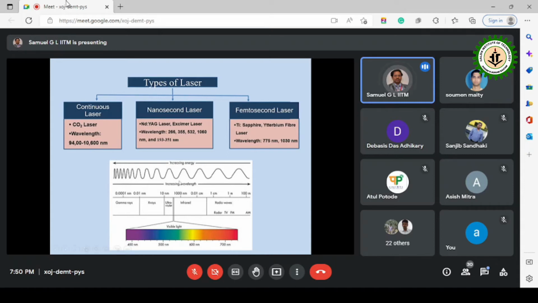In pulsed lasers, we have micro, nano, femto second kind of lasers. And lasers are available in all ranges, from ultraviolet to infrared, and also in the visible range.